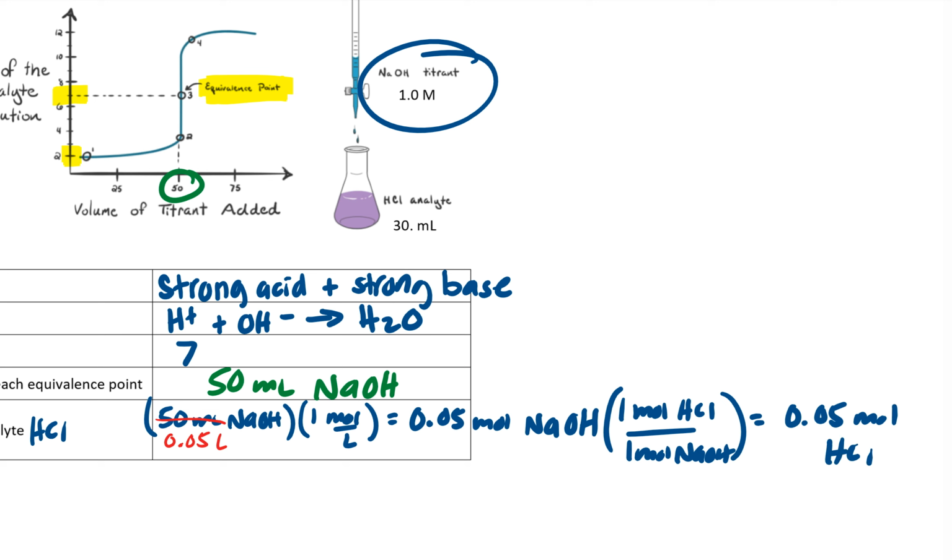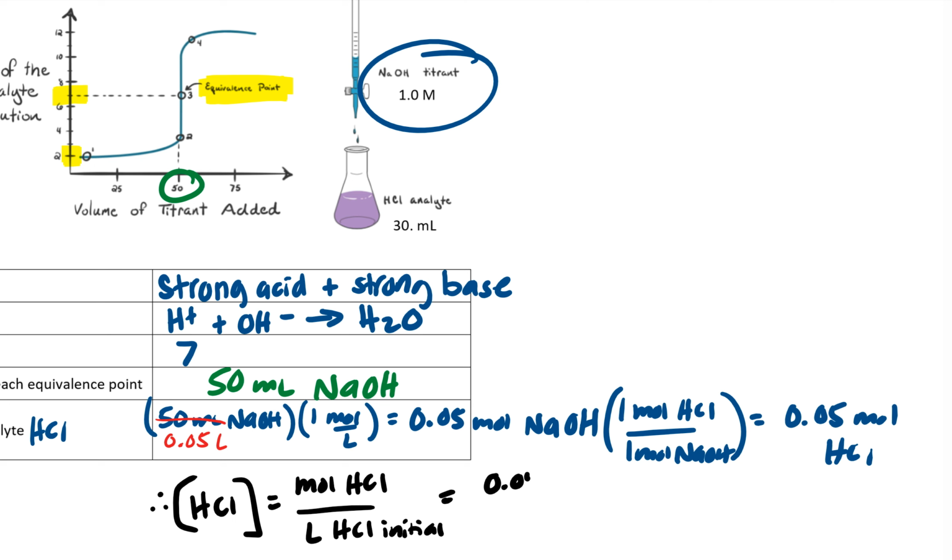So to calculate the concentration of hydrochloric acid, you're going to want to do your moles of HCl over the volume of HCl that you put into the flask. So we care about the original molarity of the hydrochloric acid that we started with at the very beginning. So it is moles of HCl over the liters of HCl initial.